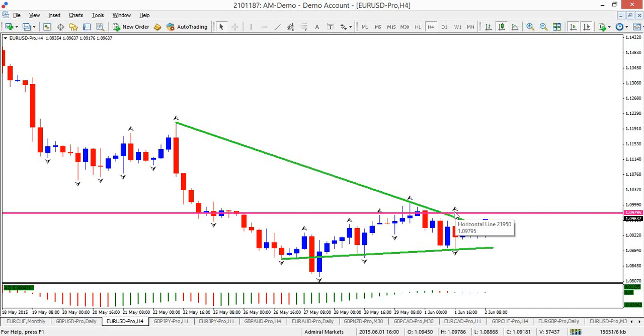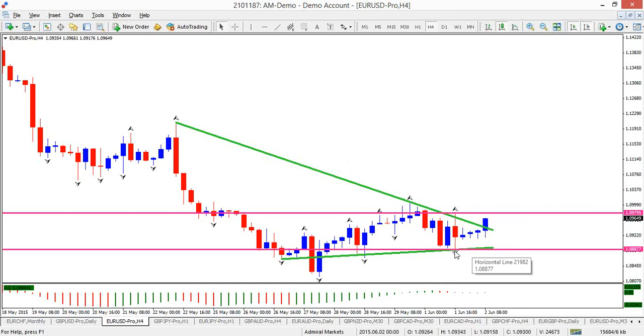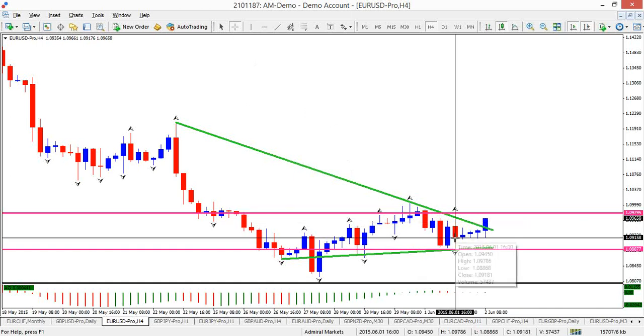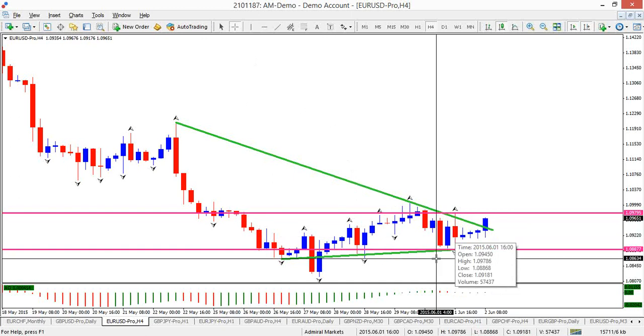So I would rather go just a tad above 110, maybe 110.05, with a stop loss below this bottom here at about 108.85. Let's say 108.80. So that is about 125 pips, which perhaps is a lot for some of you, but when trading a 4-hour chart, it is a kind of average stop loss, to be honest.